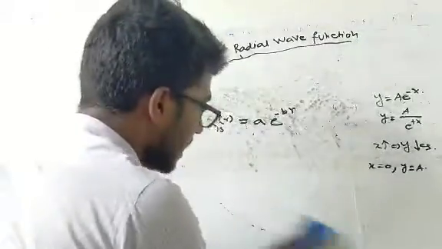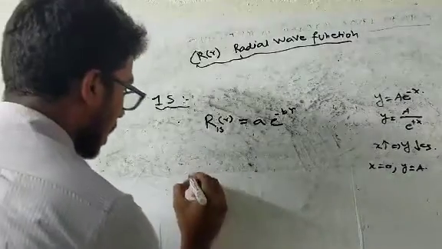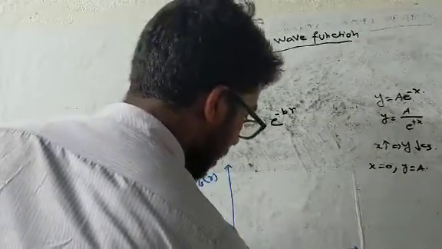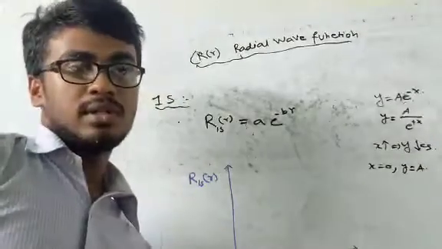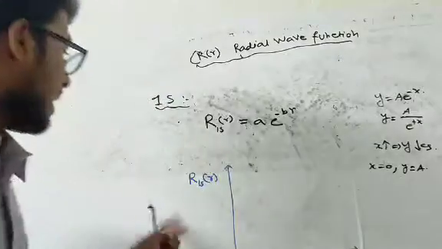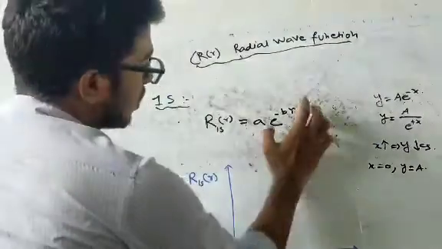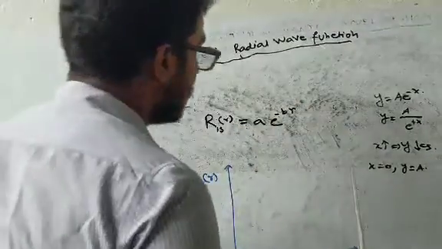So what will be the graph of my radial wave function? R 1s of r versus r. Here r is the distance from the nucleus to the electron, and R of r is the radial wave function. As this also contains an exponential part, R 1s of r equals a into e to the power minus b r.